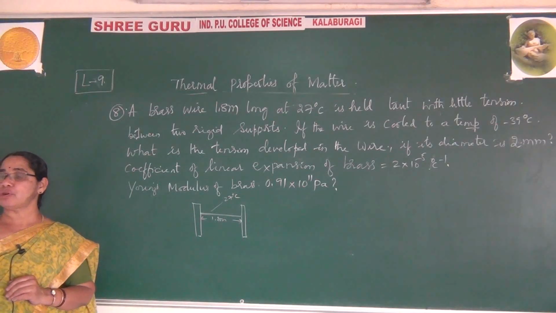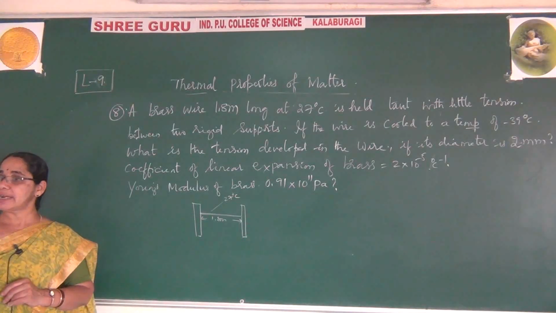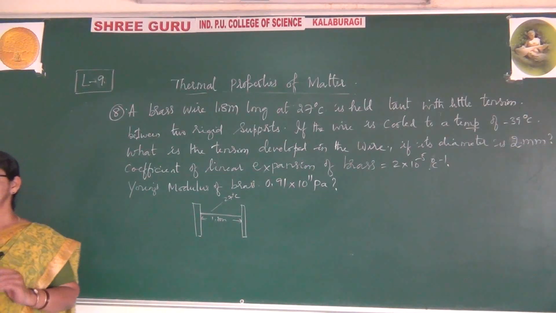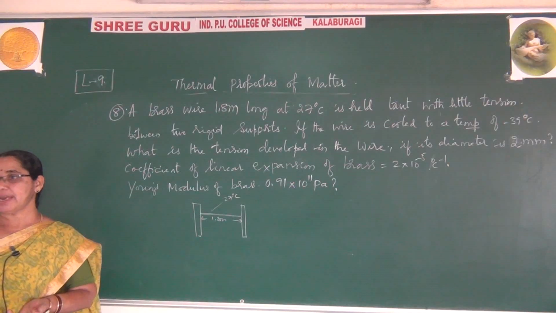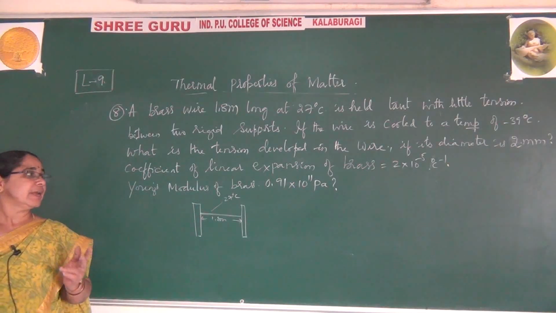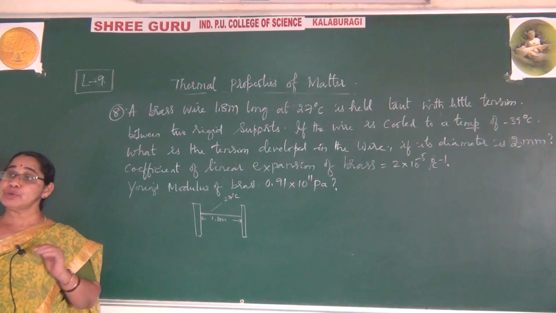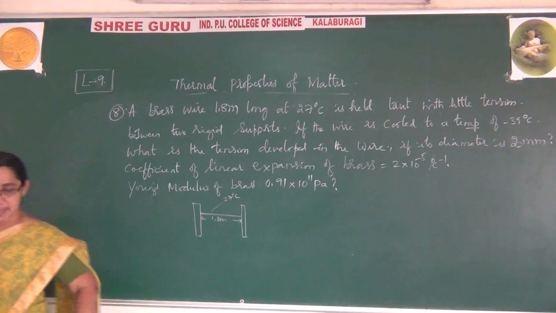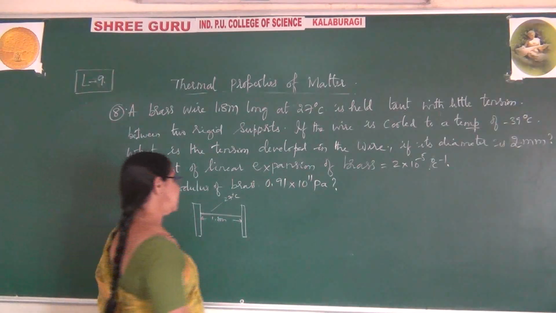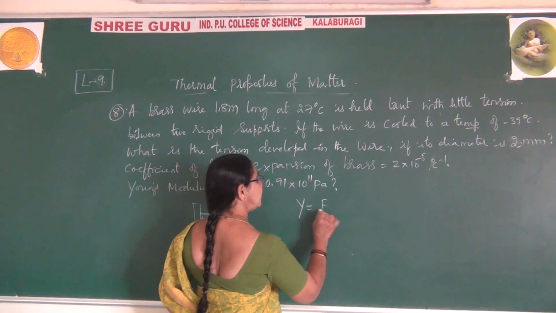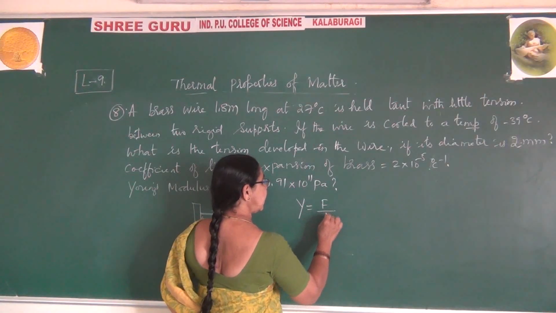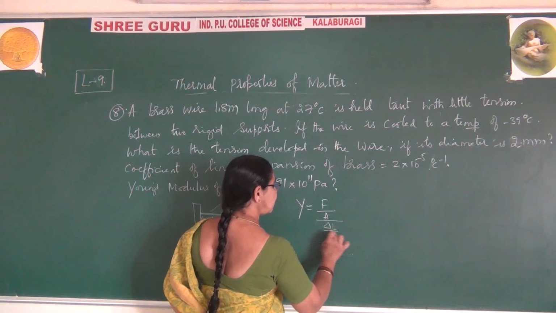How to calculate force? Before going to that, first let us write the formula for thermal stress. Thermal stress is nothing but force per unit area. Already you know, regarding force per unit area using Young's modulus of elasticity, we have the formula: Y is equal to (F by A) divided by (delta L by L).